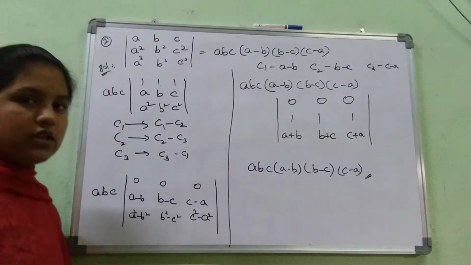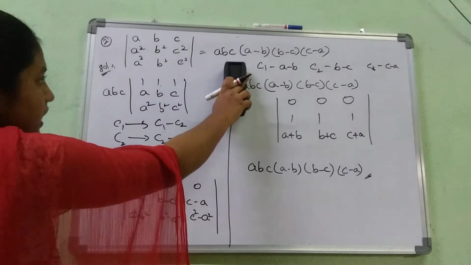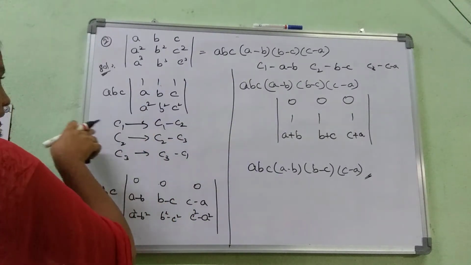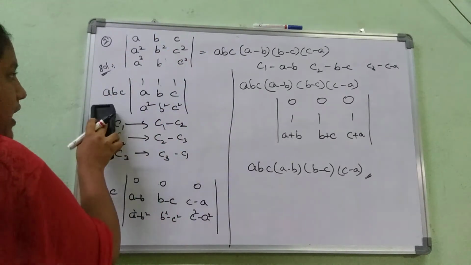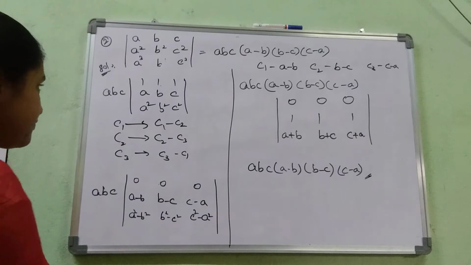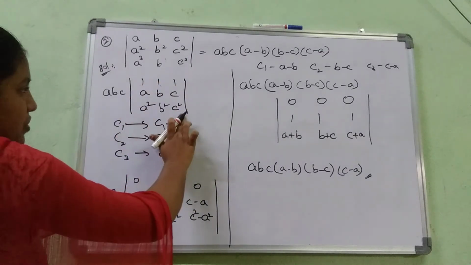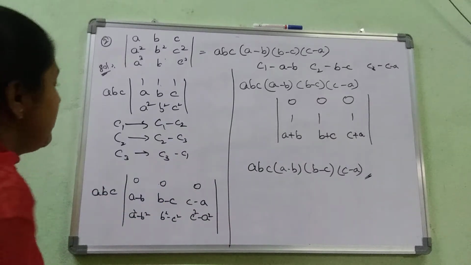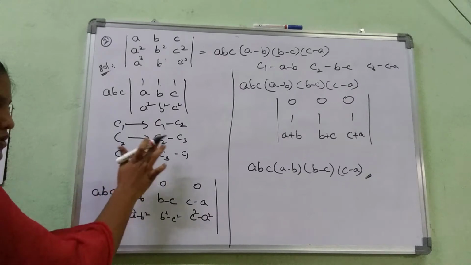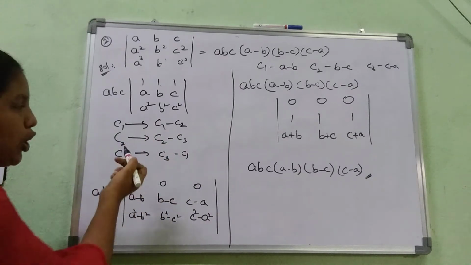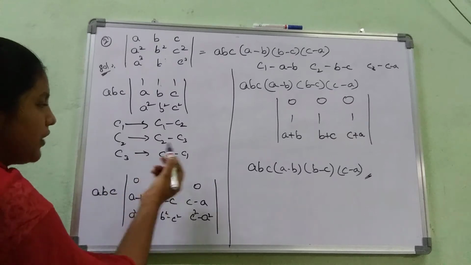Is it clear? Once again I am saying, listen here. This is the question they gave and this is what we need to prove. From the first column, second column and third column I have taken A, B, C out. Then 1, 1, 1, A, B, C, A square, B square, C square is the remaining matrix. Then I applied column operations: column 1 implies column 1 minus column 2, column 2 implies column 2 minus column 3, and column 3 implies column 3 minus column 1.